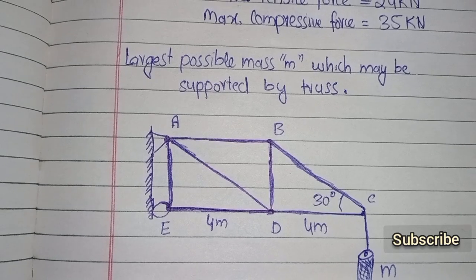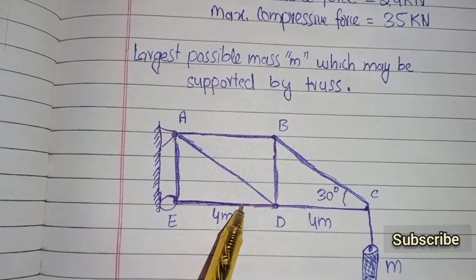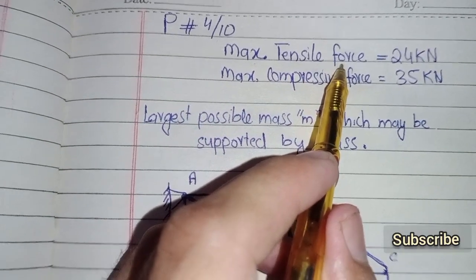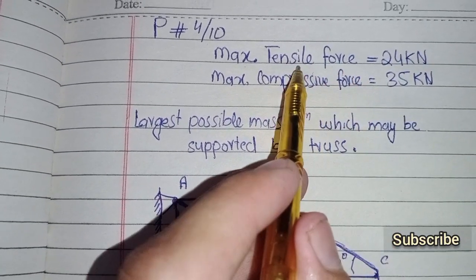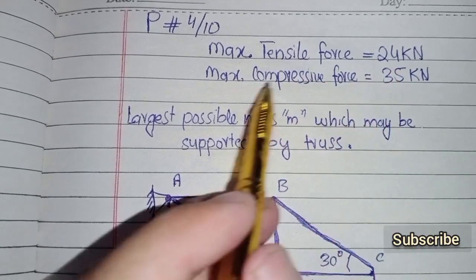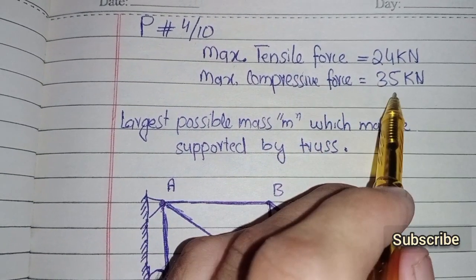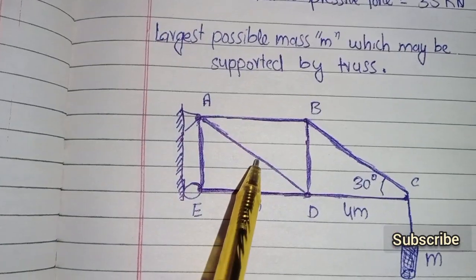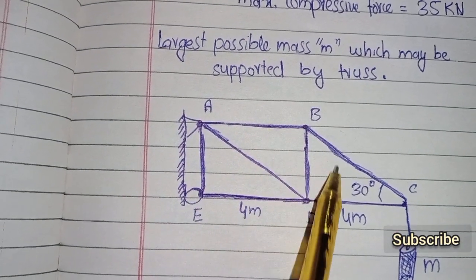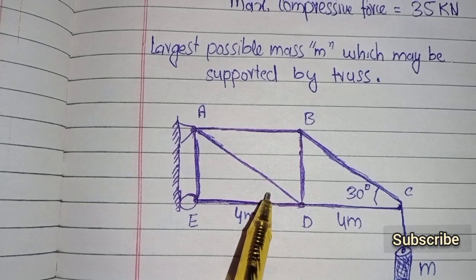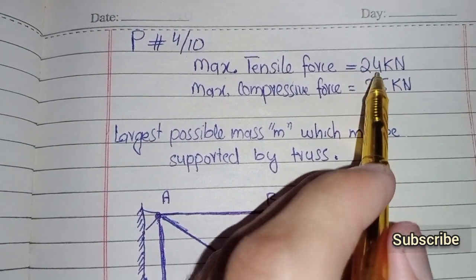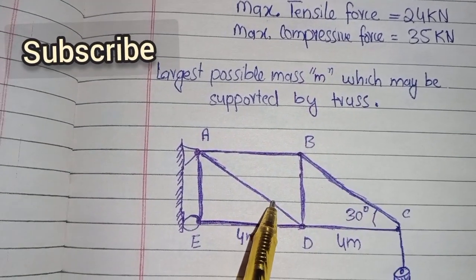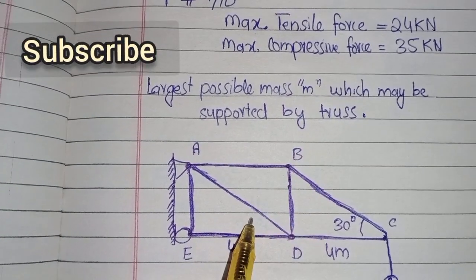Okay, this is the generalized question. The maximum tensile force limit is 24 kilonewton, and the maximum compressive force limit is 35 kilonewton. All members can support only a tensile force of 24 kilonewton and a compressive force of only 35 kilonewton.